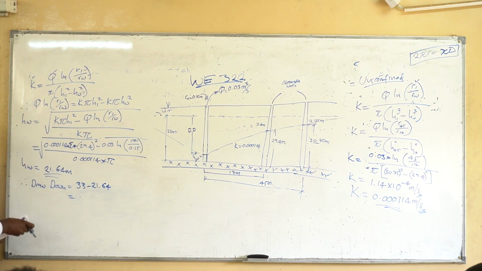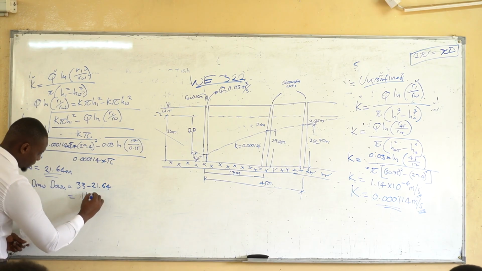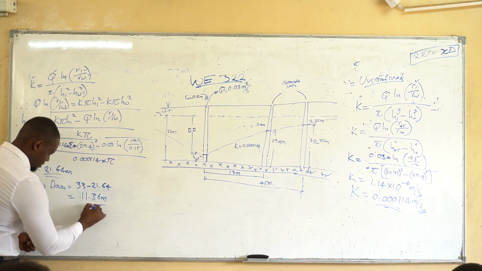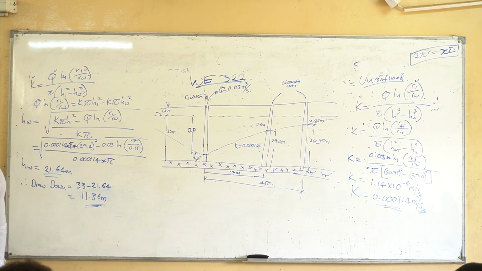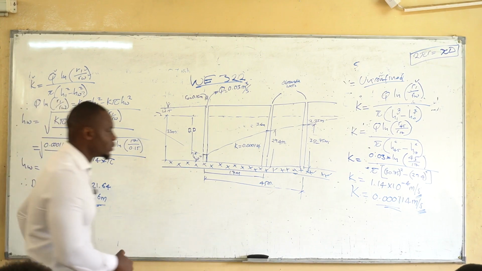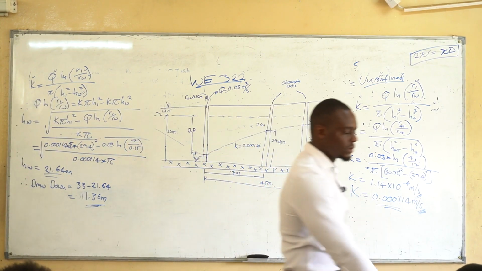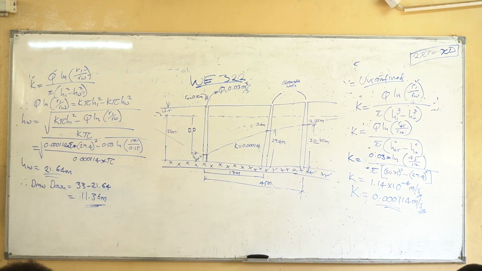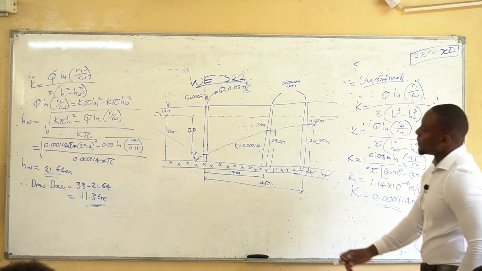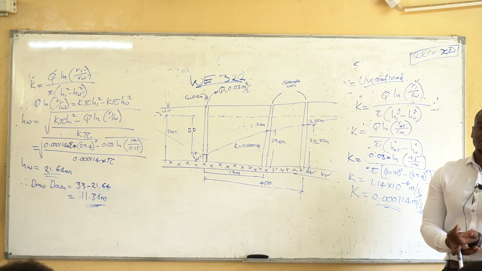This should give you about 11.6. Go and confirm these values and figures in your room. I could have made a mistake, he could have as well. Chances are very minimal. But this is how you solve this question.